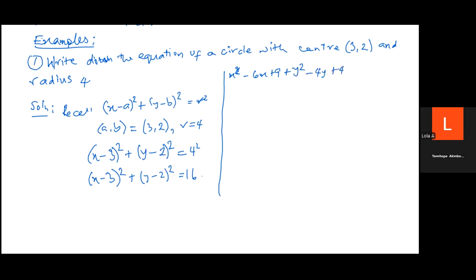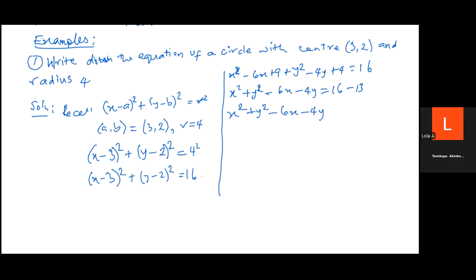So x² + y² − 6x − 4y, then 9 plus 4, that's 13. So you have 16 minus 13, and that is x² + y² − 6x − 4y = 3.